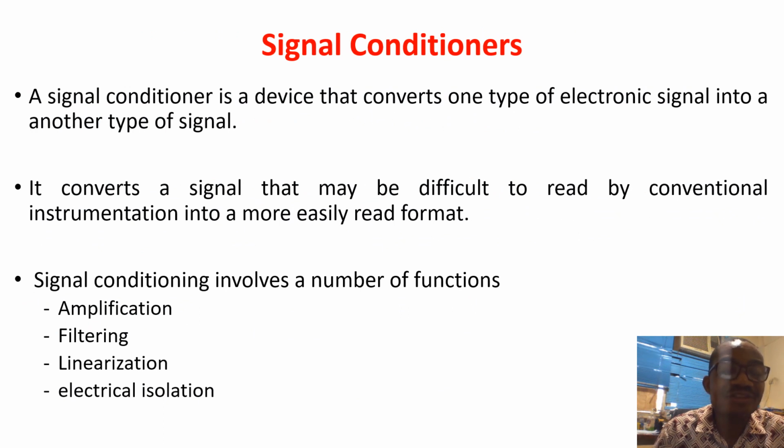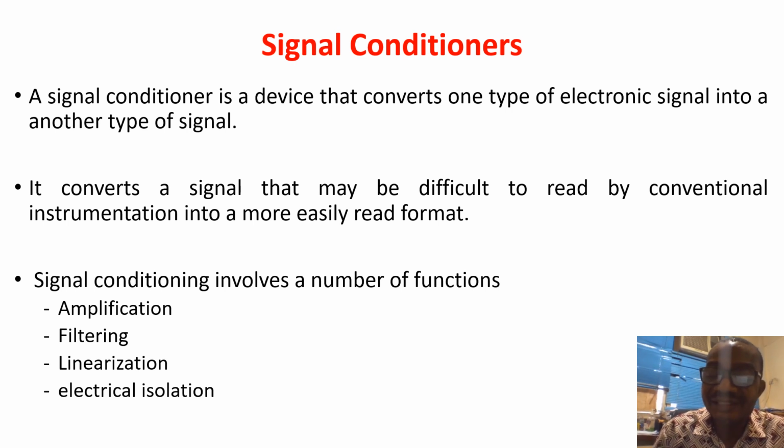Then we have signal conditioners. A signal conditioner is a device that converts one type of electrical signal into another type of signal. It usually converts a signal that may be difficult to read by a conventional instrumentation system into a more readable format.